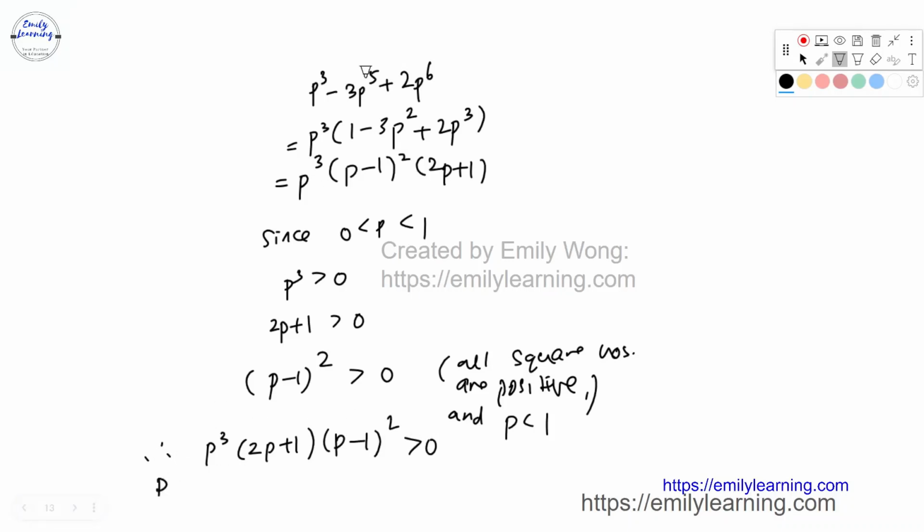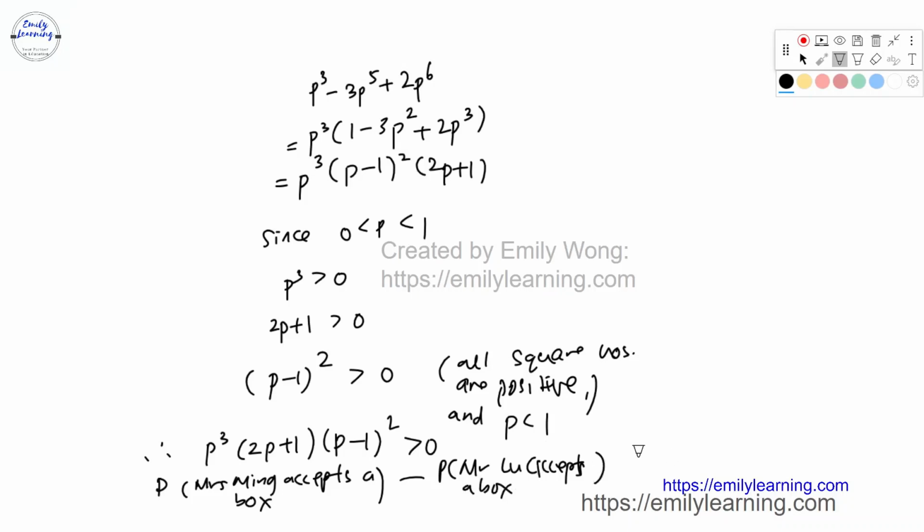So I know that this value here is basically the probability of Mrs. Ming accepts a box minus the probability of Mr. Lu accepts a box, and I know that it is greater than 0.